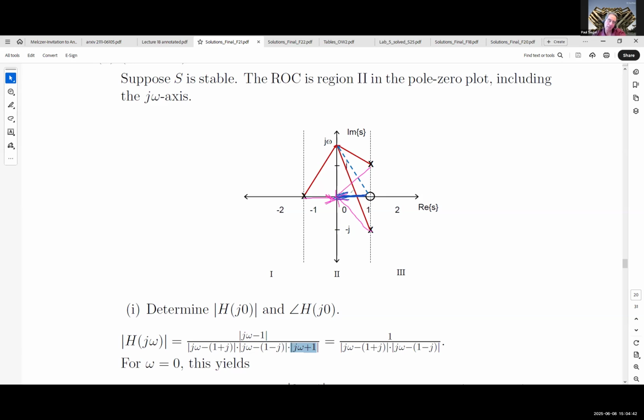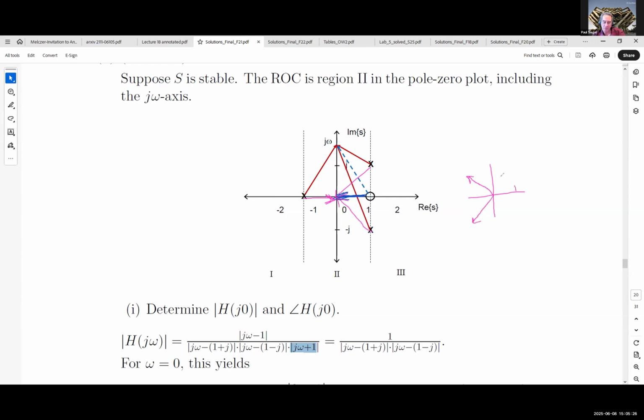So the blue vector, it's a negative going one on the real axis that corresponds to angle pi. It's like a negative number. The one from -1 to 0, that's positive going. That's going to be angle 0. And then these 2 guys that come from the conjugate poles, one of them is going to look like this, and one's going to look like this.